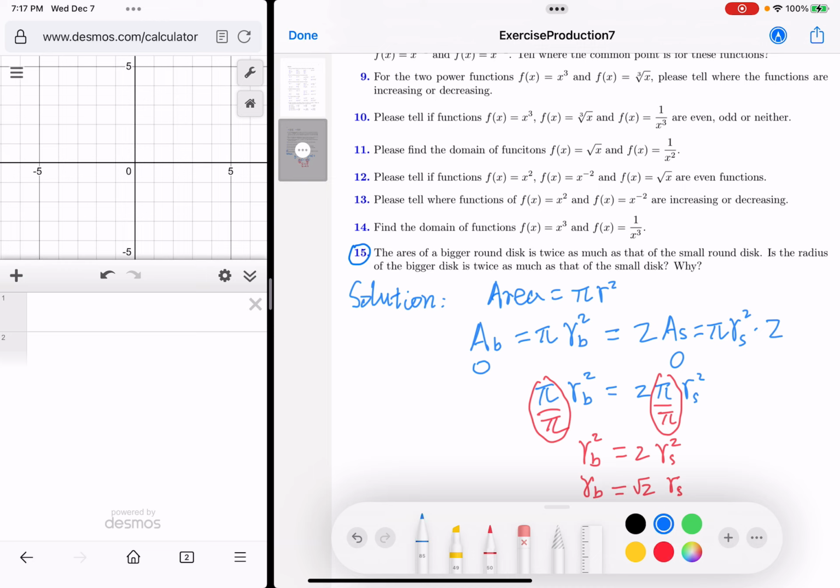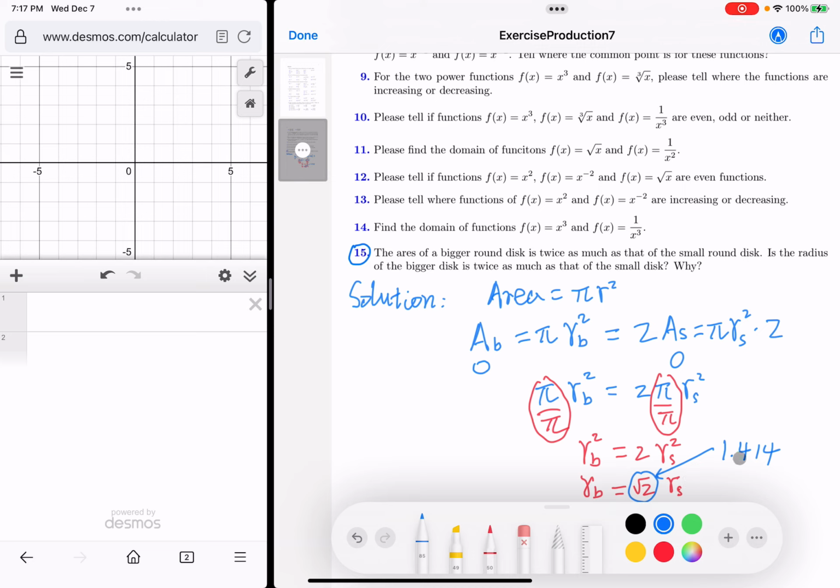Here, if you remember the value for radical 2, that's approximately 1.414. So here the answer is, for the radius, the big one is how many times? 1.4 times as big as the smaller one.